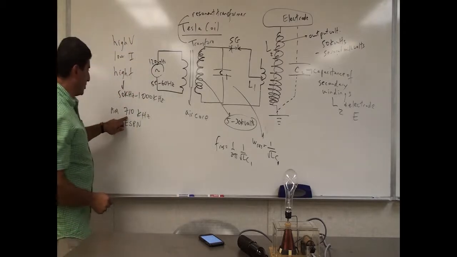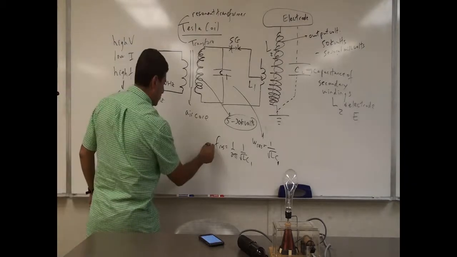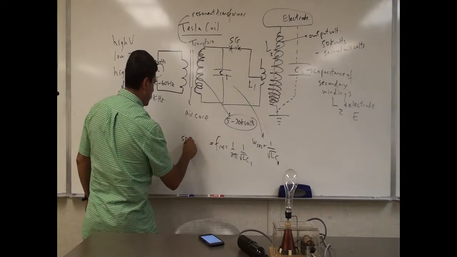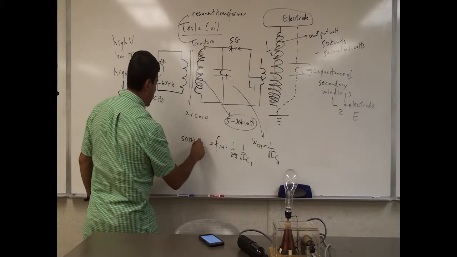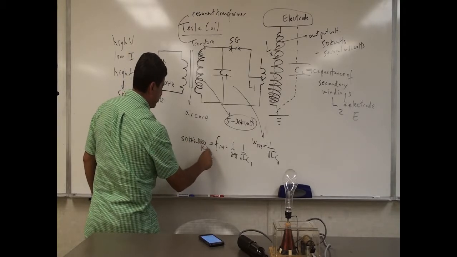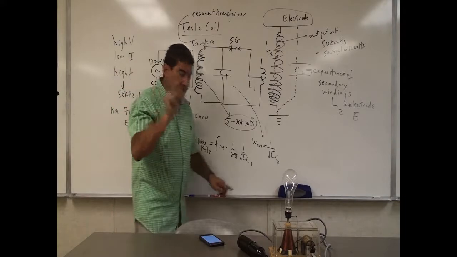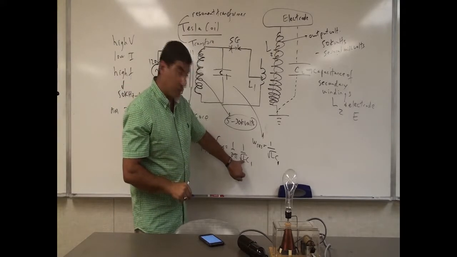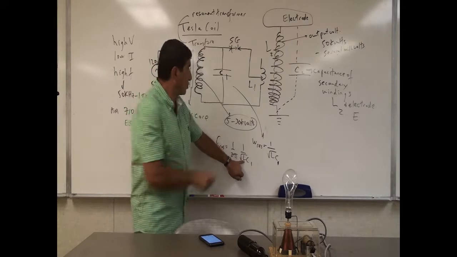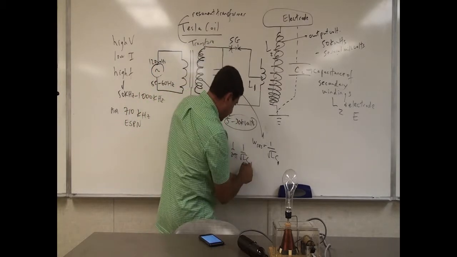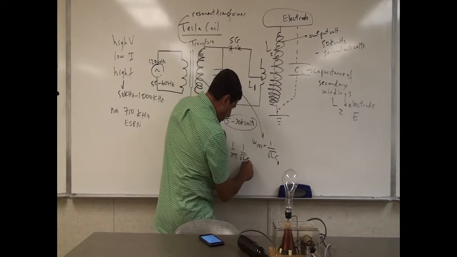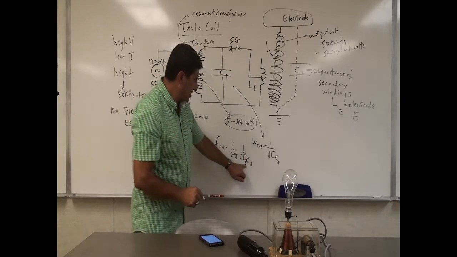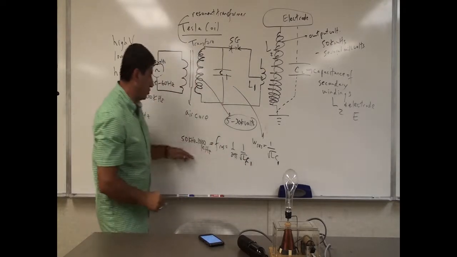It's going to be in the radio range, 50 kilohertz all the way to 1,000 kilohertz. So basically we're setting the value of the capacitance to whatever it needs to be. Together with the inductance, we're calling this L1, C1, they're going to resonate and produce a frequency.